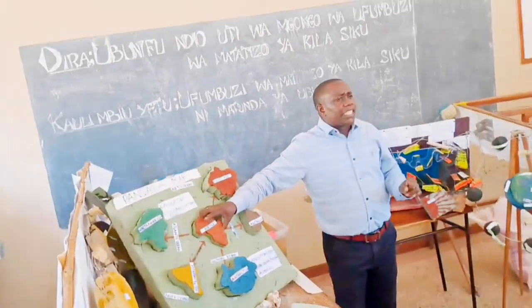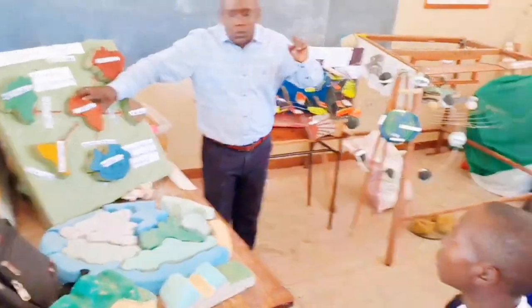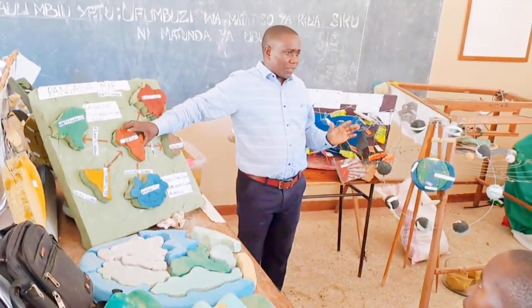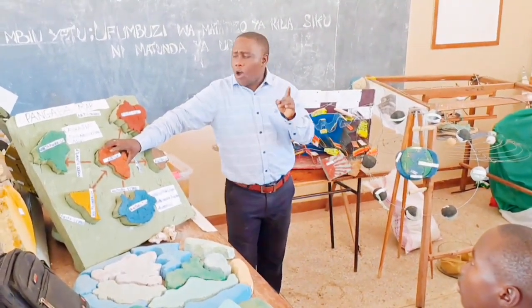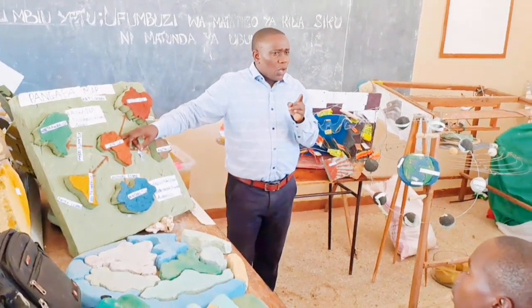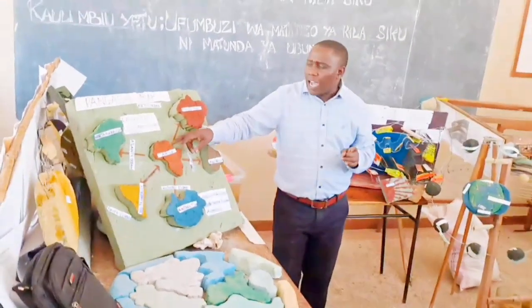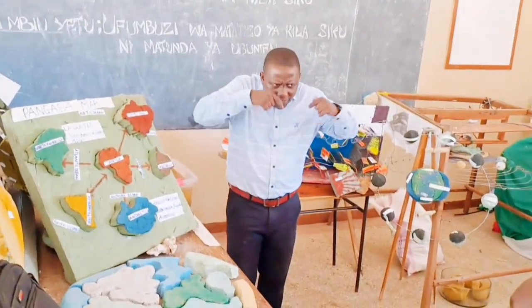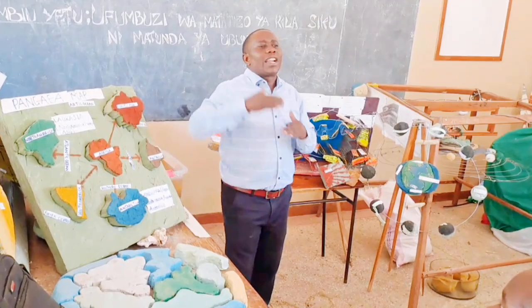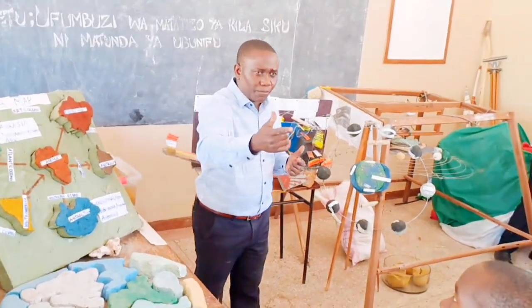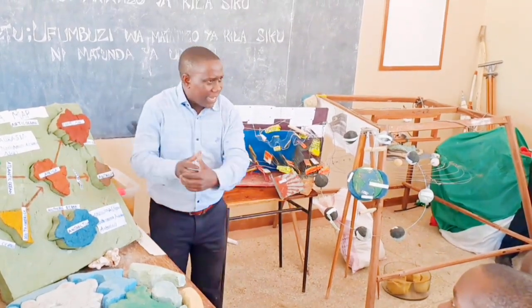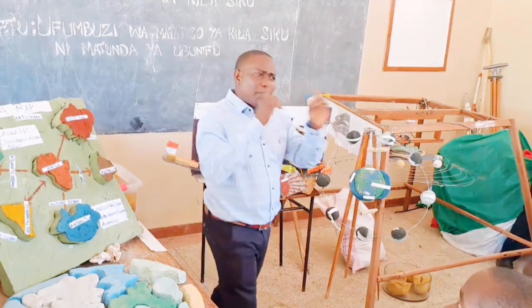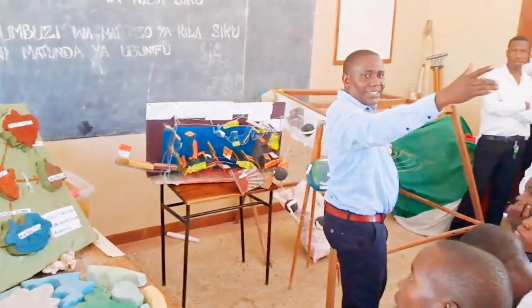Is there any possibility of Africa to drift again, to move away from where it is to another place, or for these continents to join once again as a single landmass?